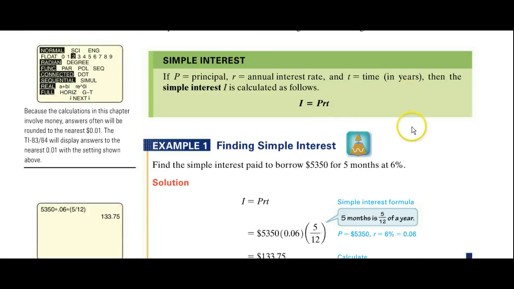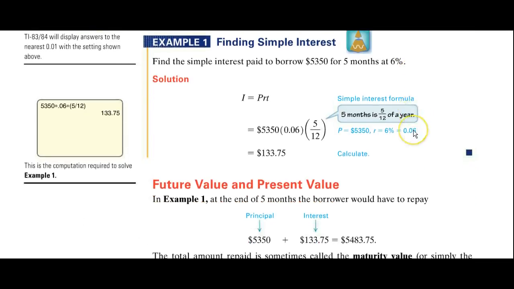And let's look at an example now. Find the simple interest paid on borrowing $5,350 for 5 months at 6% interest.